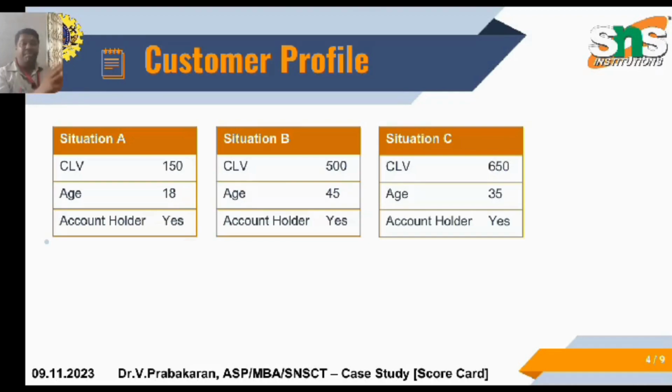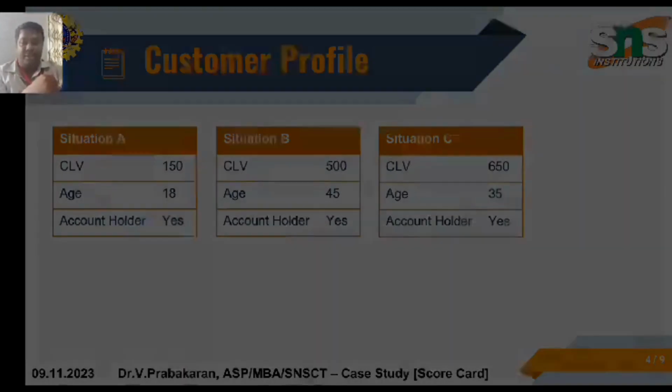So if three persons approach the State Bank of India manager, Mr. Sam, how will Sam react to these three persons? All those persons have an account in the respective branch, with different lifetime values and different age factors. So how will Mr. Sam react to this particular loan request?